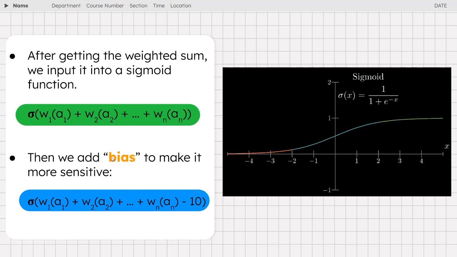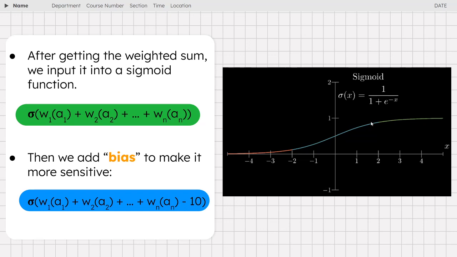And then we could add a bias to make it more sensitive. Say we want the neuron to only light up when the weighted sum is greater than 10. To do this, we subtract 10 from the weighted sum before inputting it into the sigmoid, because if the sum is lower, the value is going to be lower.